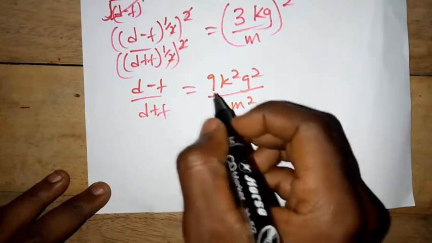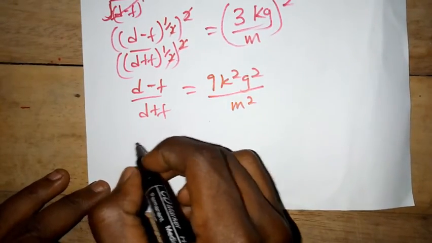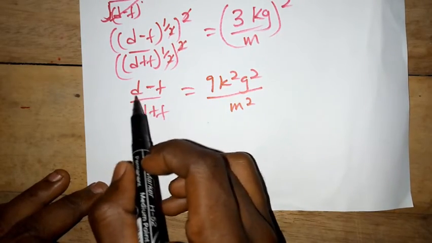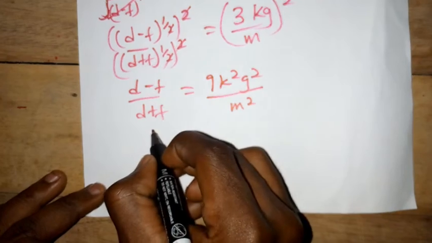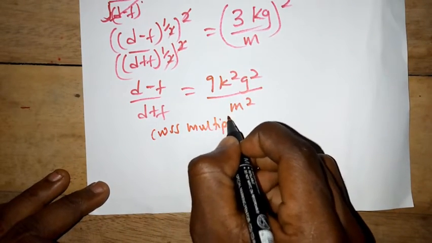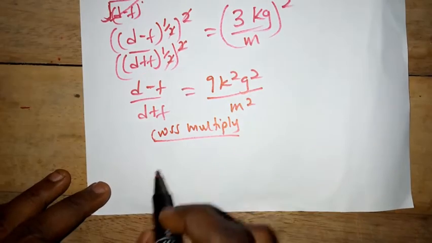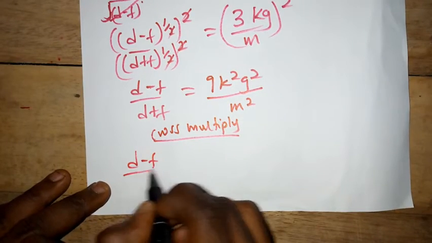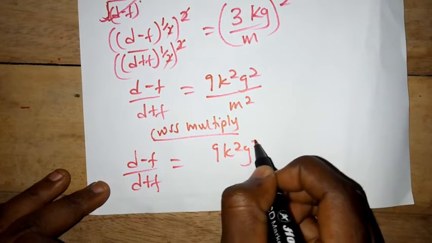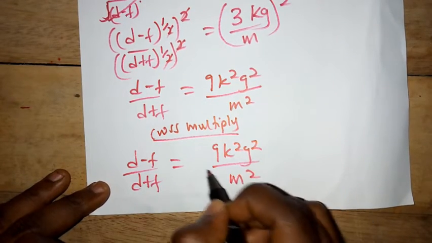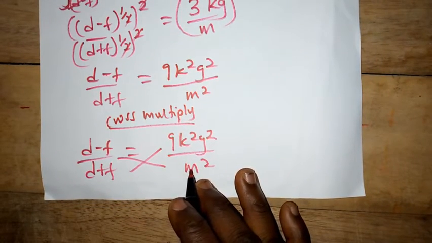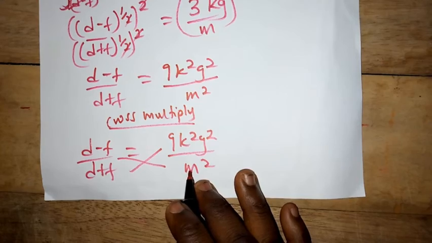Now the question says we should find the value of d. So what we can do next is to cross multiply. We have D minus F over D plus F here being equal to 9k squared g squared all over M squared.